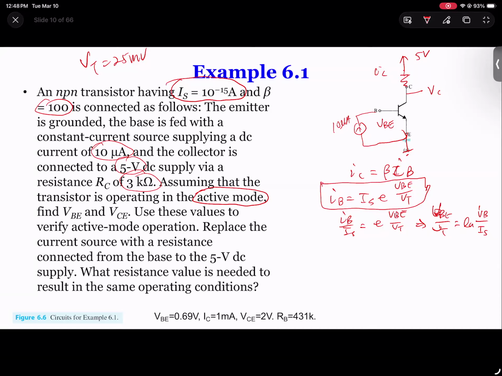IB is 10 microamps, which is 10 times 10 to the minus 6, right? So it's 10 to the minus 5. Divided by IS, which is 10 to the minus 15. So basically you have 10 to the 10. Here, take a logarithm, and multiply by VT, 25 millivolts, and you get VBE in millivolts. But you want volts, so divide by 1,000, and you'll get volts.